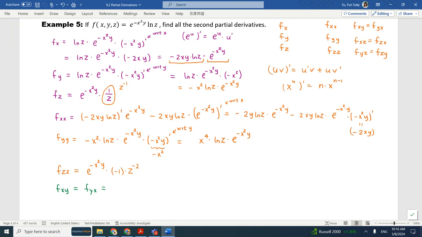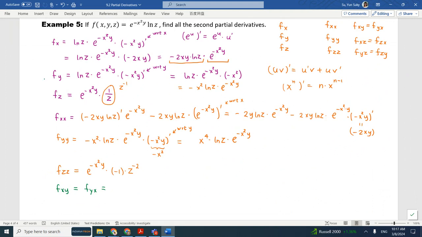For both of them we need the product rule anyway. How about we just use fxy? So we take the derivative of this with respect to y. Do you see this? The first step, the product rule, is the same thing, but with respect to y now instead of x.